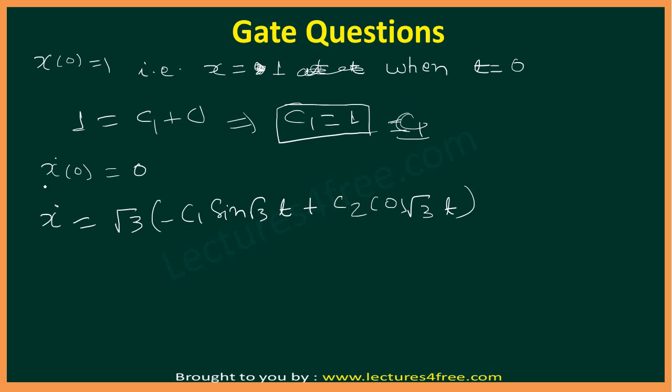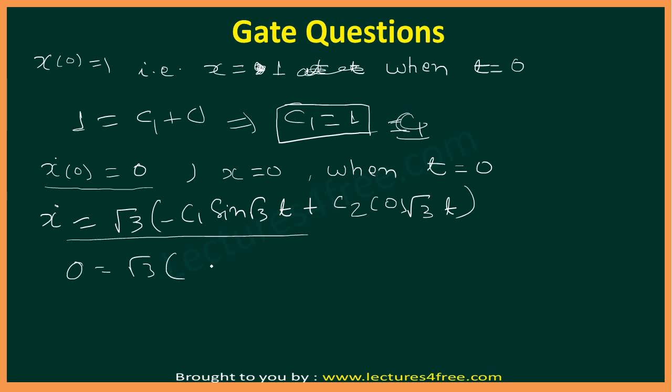Now your condition is x dot 0 equal to 0. It means x dot is equal to 0 when t is equal to 0. Let's apply this condition in our x dot equation. You will get 0 is equal to root 3 into minus c1 sine root 3t.